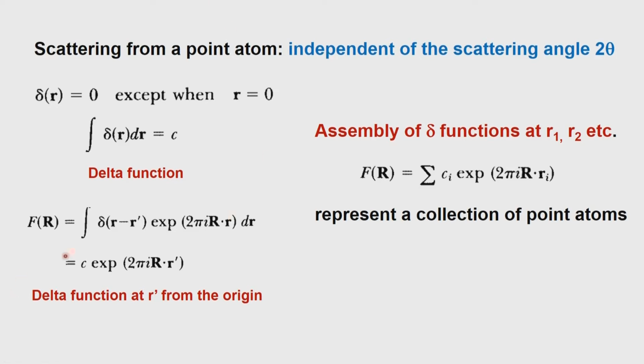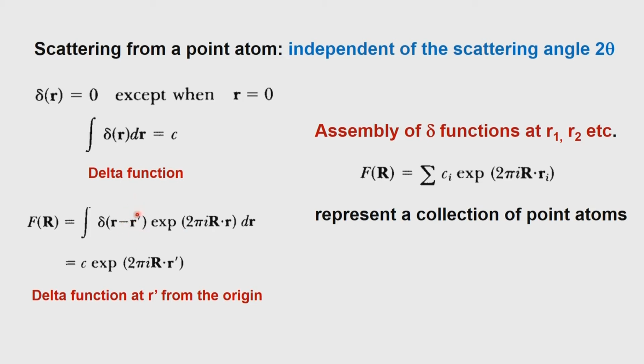So, we now see that f of r can be written as integral delta r minus r prime. Now the phase factor comes in. How does it come in? It comes in because of the fact now the atom is not the point atom is not at the origin, it is removed by a quantity r prime.